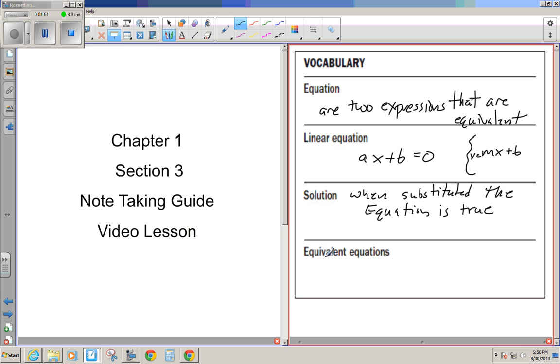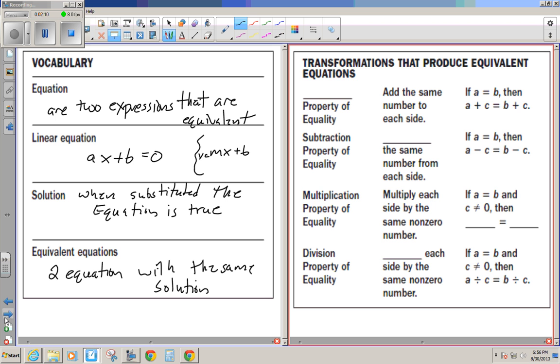Equivalent equations are two equations with the same solution.